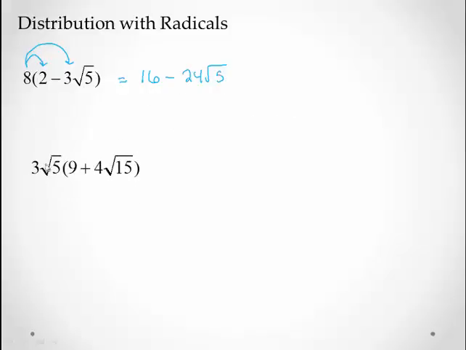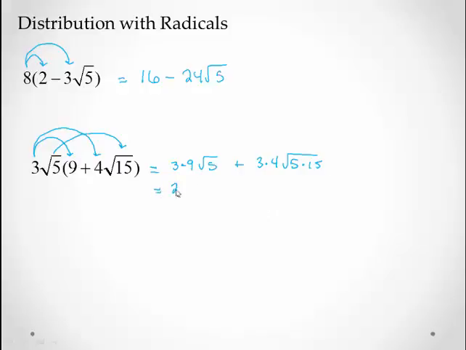They don't match. Now if I have a radical, I'm multiplying 3 times 9 and 3 times 4. And this radical 5 will just hang out when I multiply by the 9, but then it will multiply by the radical 15. So 3 times 9, and then the radical 5 hangs out, plus 3 times 4, and then I have 5 times 15 underneath the radical.